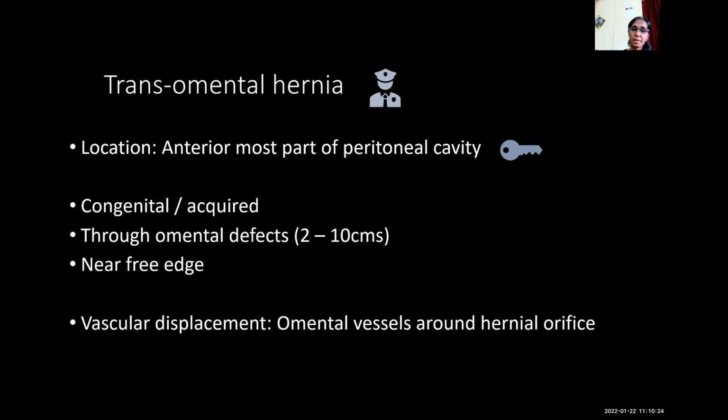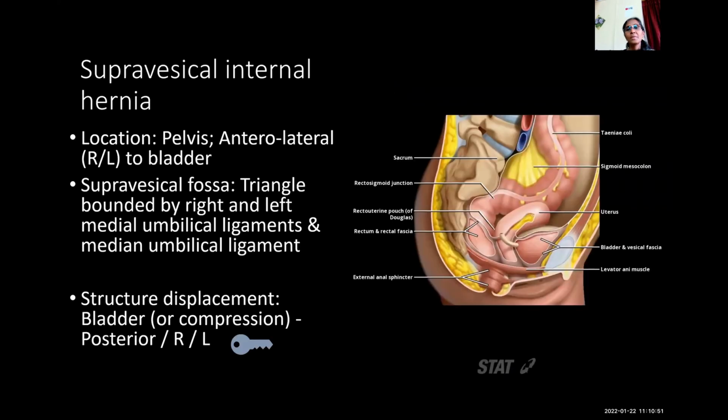Omental defects can be very large, and they may not present with obstruction at all, or they could be small, but often they are seen in the inferior part of the omentum near the free edge. What you really see is that all the omental vessels are draped or pushed around the hernia orifice, and you will see this cluster of loops taking the mesenteric vessels along with them. So that would be a transomental hernia.